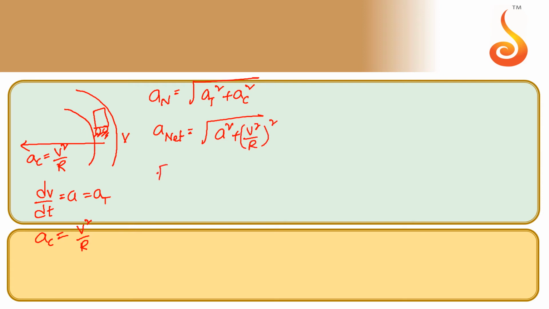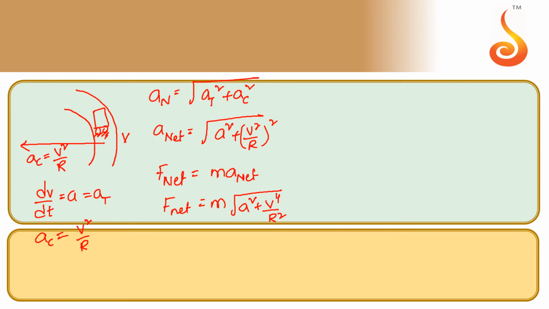Therefore net force is mass times net acceleration. So m into under root of a square plus v power 4 by r square. This is the net force.